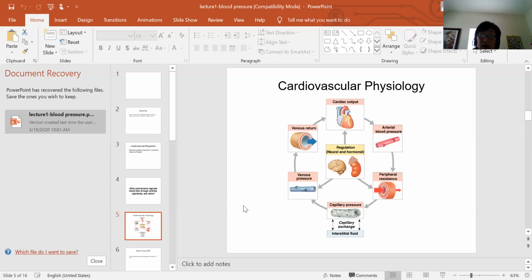This diagram, you do have this in your book, gives you an idea that blood flow can be regulated by regulating the blood pressure in different types of vessels, and also by regulation of the cardiac output. So the regulation can be neuroregulation, can be hormonal regulation.